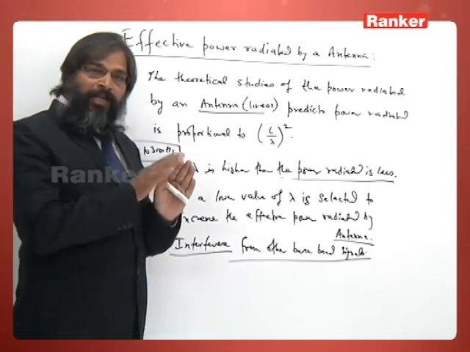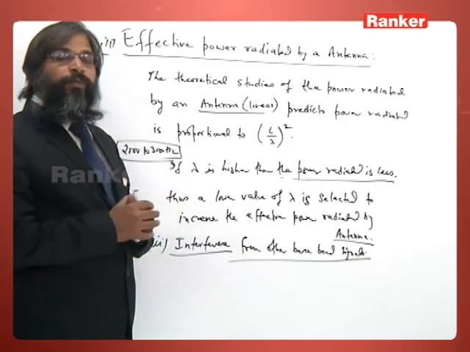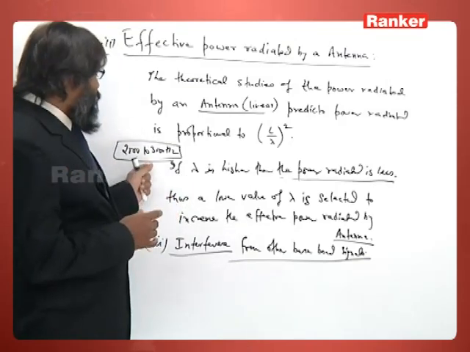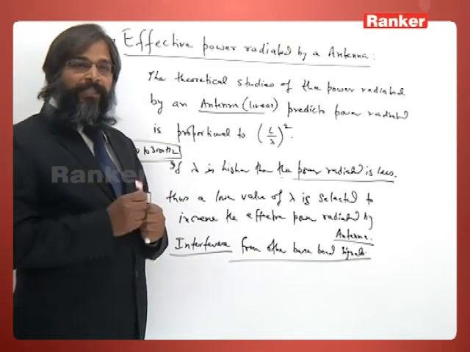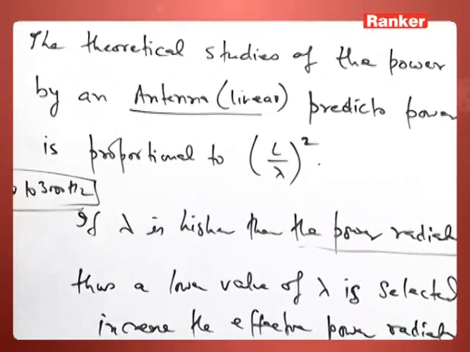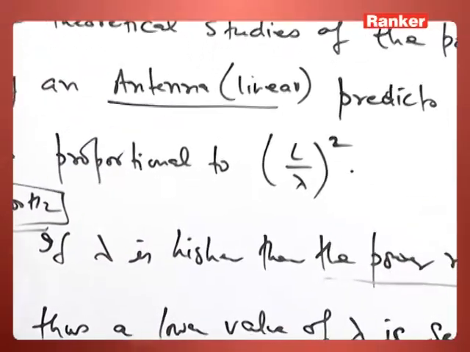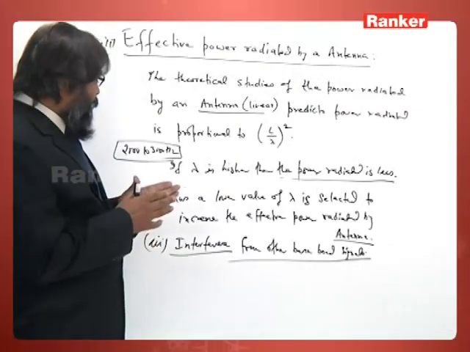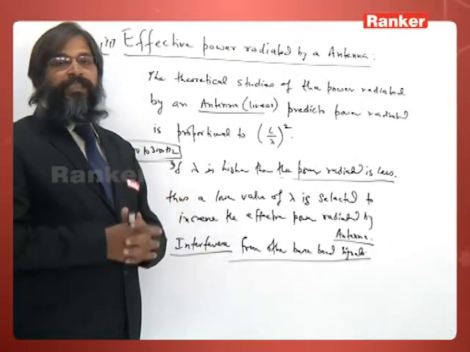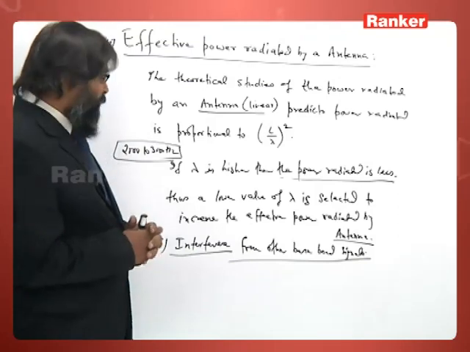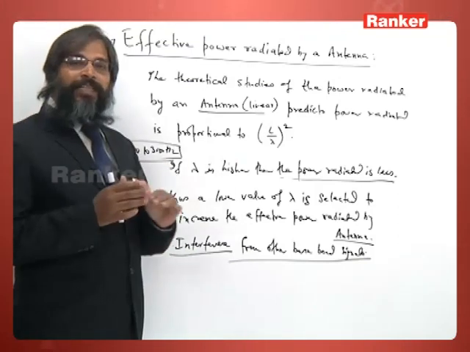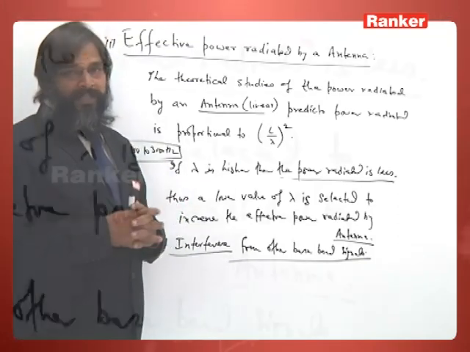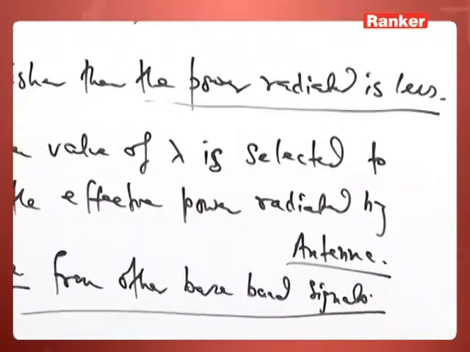We allot different frequencies to different stations. Suppose somebody is transmitting speech from one place using 1 megahertz, another is using 2 megahertz, another is using 3 megahertz. So, different bands and frequencies are allotted to different stations, so that the frequencies of all the signals do not overlap.